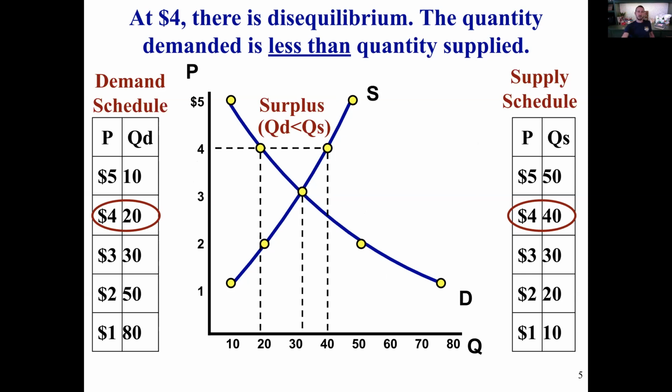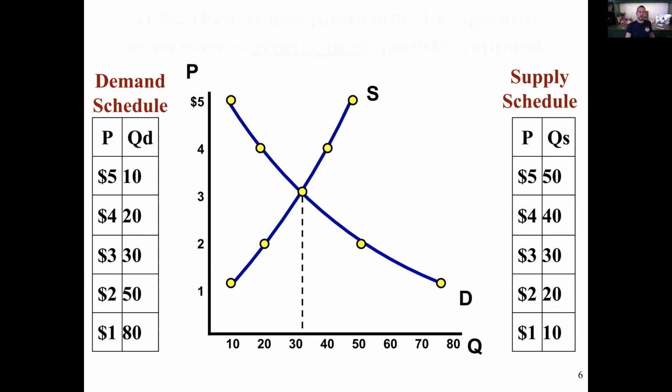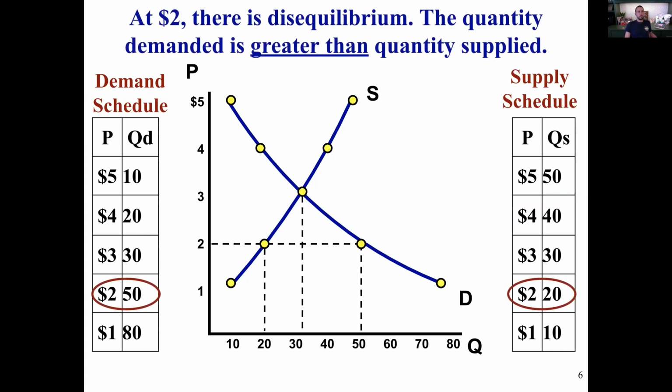As the price falls, more and more consumers want this good, and fewer producers are willing to sell the good until we equilibrate at $3. If we are in disequilibrium, the quantity supplied and quantity demanded will start to change until we eventually equilibrate, right? That's what's called the invisible hand of the market, pushing the price down towards equilibrium if we're in disequilibrium.